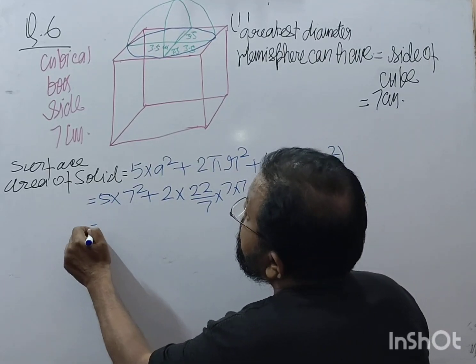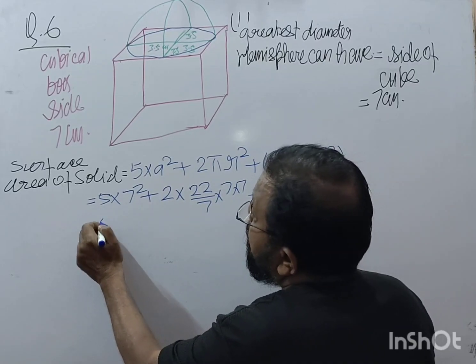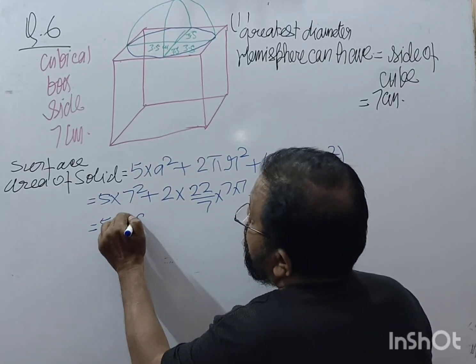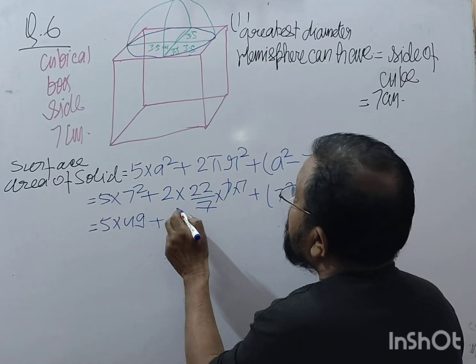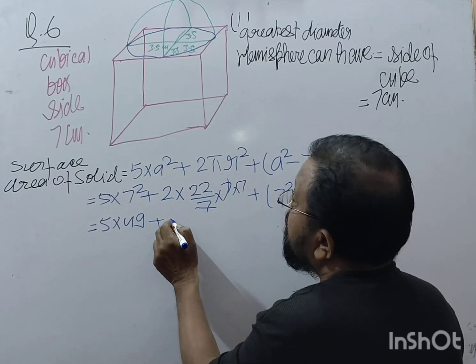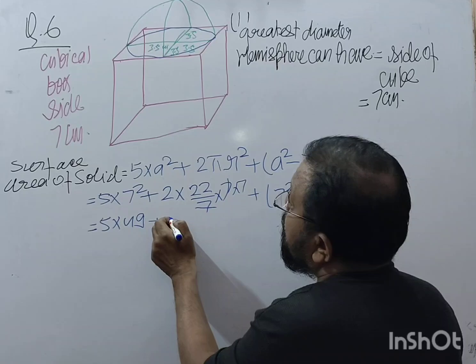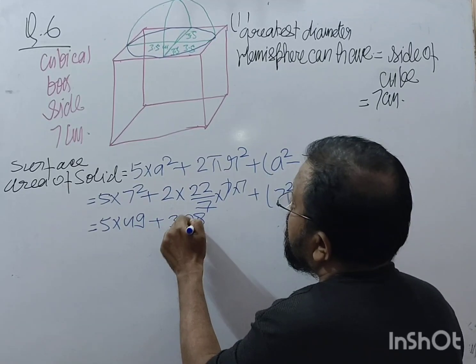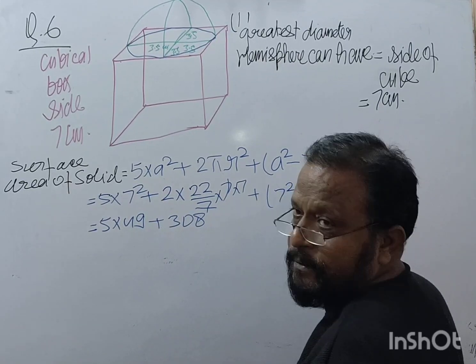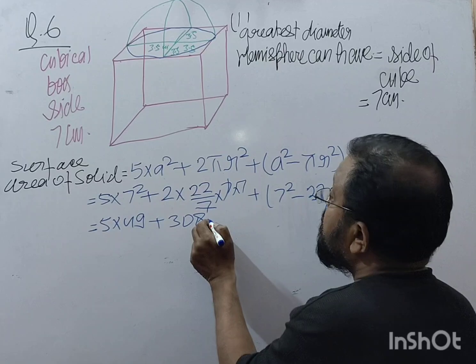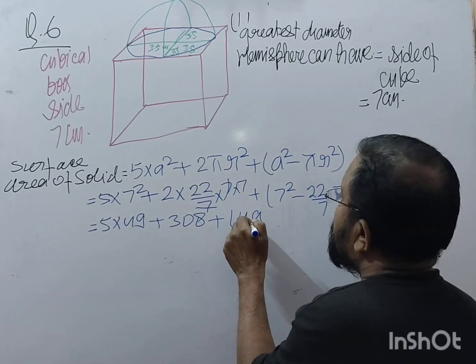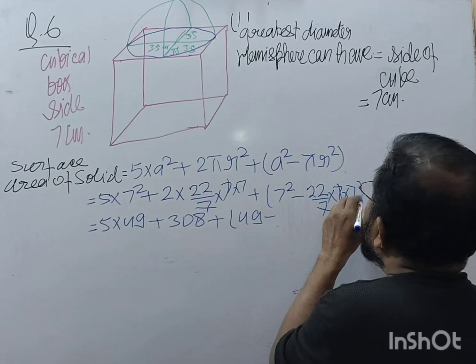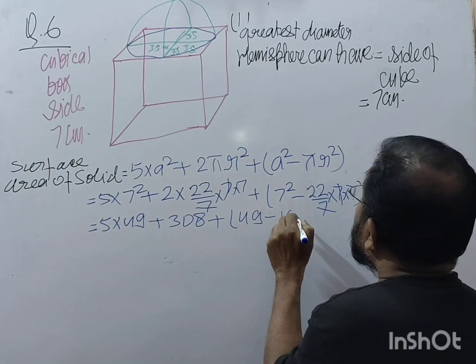So this is how much? 5 into 49 plus 7, 308, plus 49 minus 7 and 7 cancel.